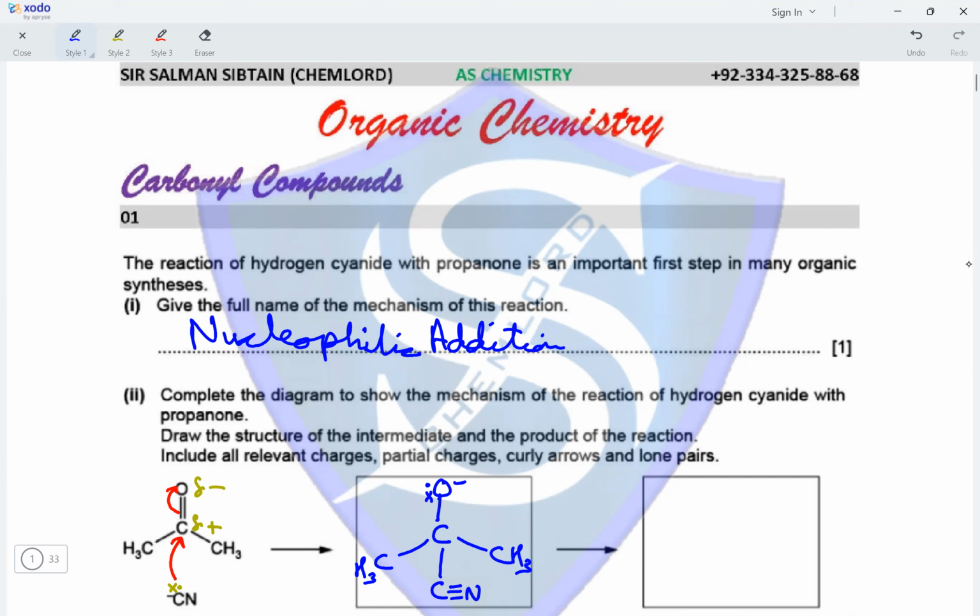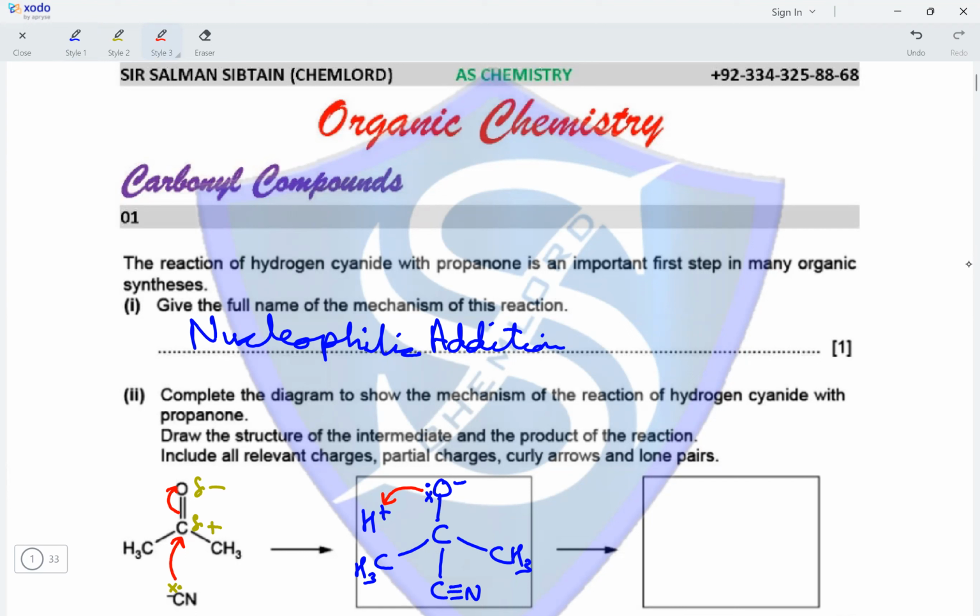Now we have the H positive ion from HCN available for this reaction, and a curly arrow going from the lone pair of electrons on oxygen towards the positively charged H positive ion.